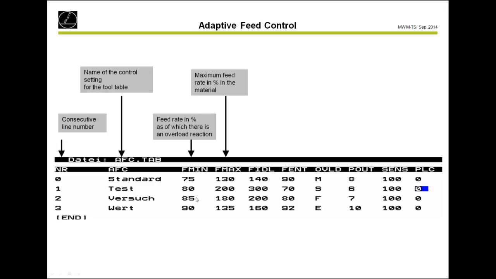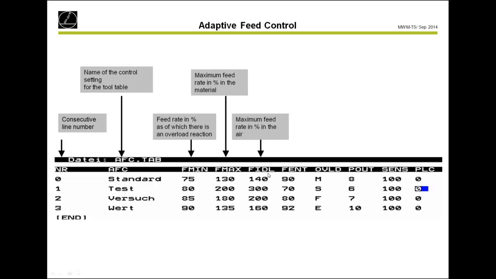Between these Fmin and Fmax values, the control is allowed to move the feed rate to reach the learned spindle reference load.